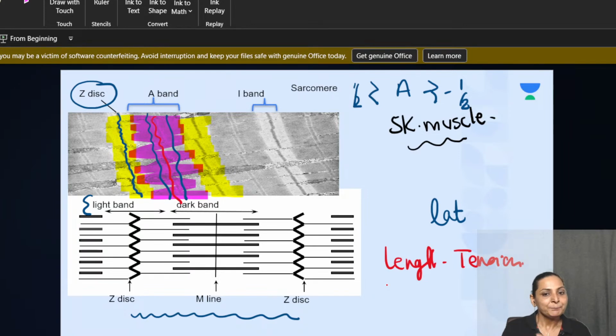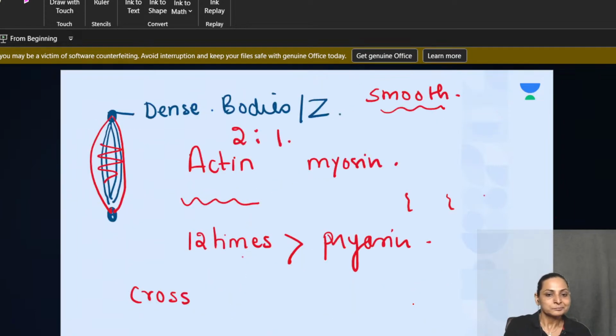So I repeat, only at an optimum length of sarcomere there will be a maximum overlapping of the actin and the myosin, and that optimum length is around 2 to 2.2 micrometers, whereas this specific length tension relationship is not present in the smooth muscles. The smooth muscles show plasticity, which we will see later on.